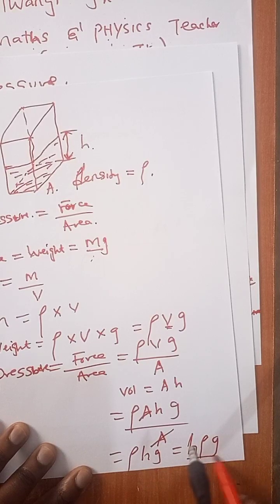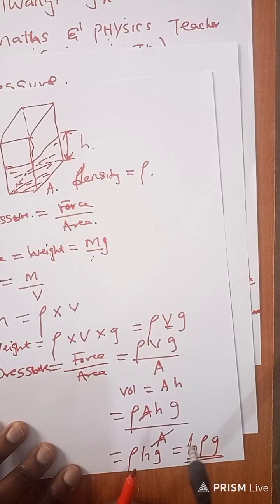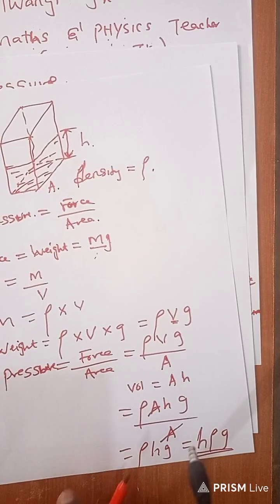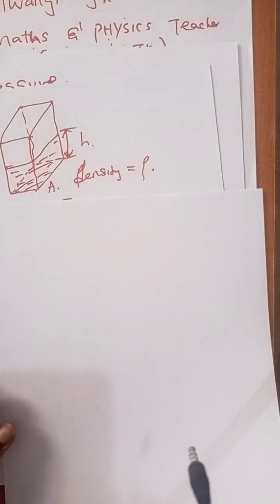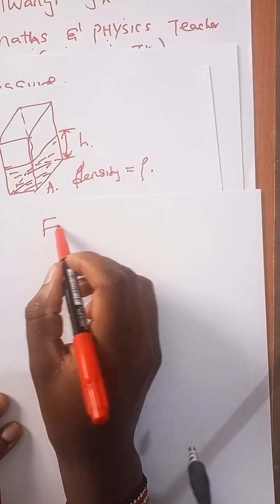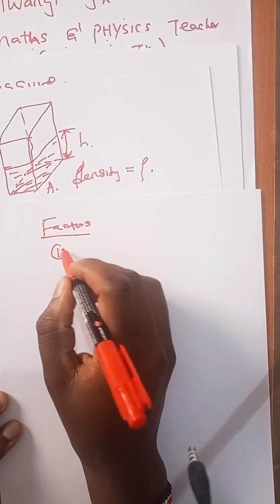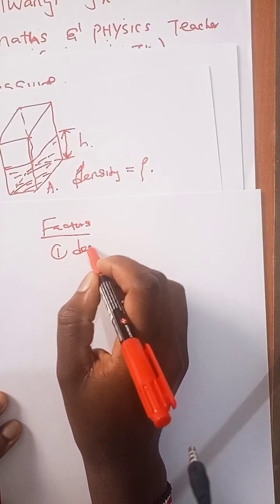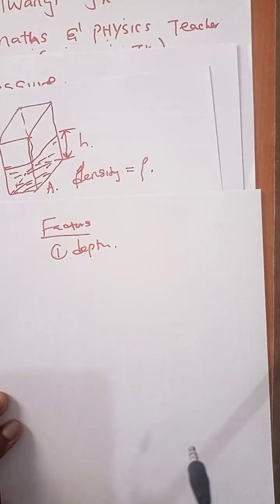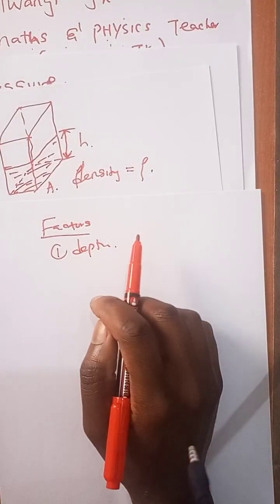We just rearrange this, and this is the formula we use to calculate pressure in liquids. It also gives us the factors that affect pressure in liquid. One, we talk of depth, which is the height.